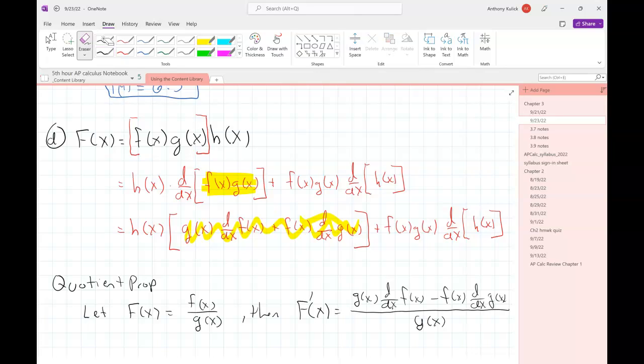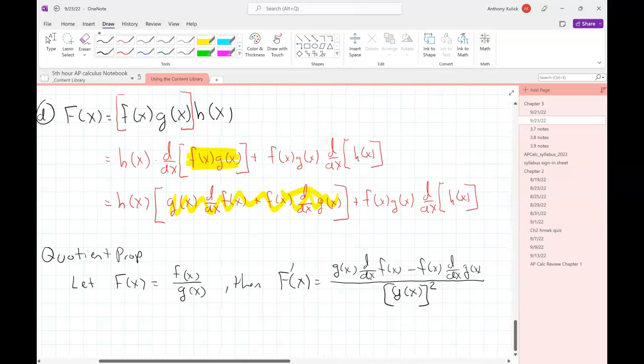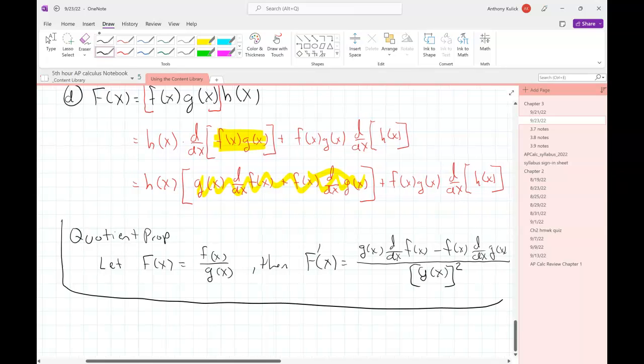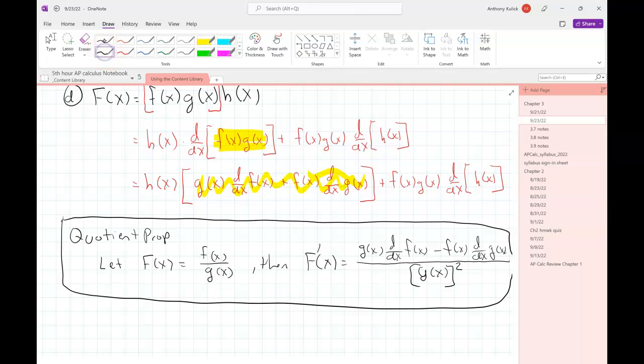Actually, I'll write the notation this way to be more clear. So this is our quotient property. This product property and quotient property, you definitely 100% need to have these memorized.